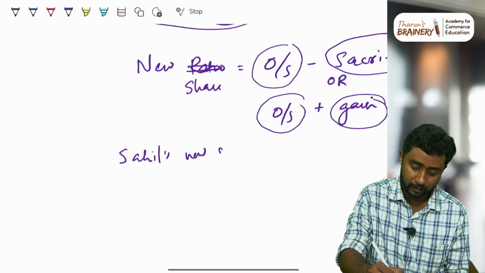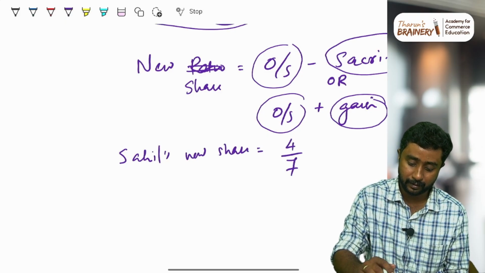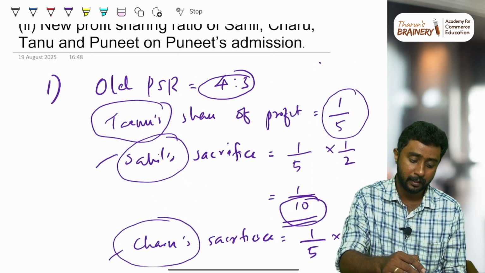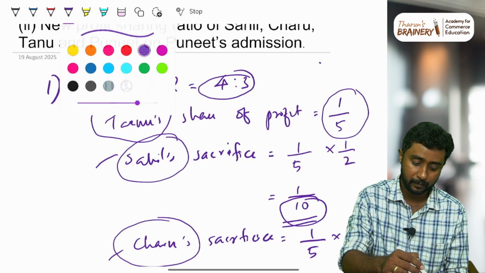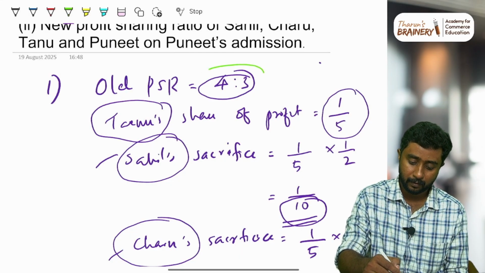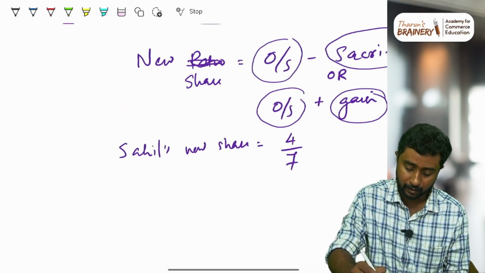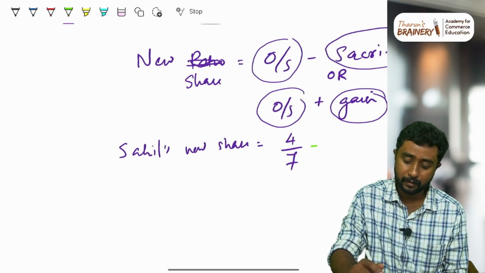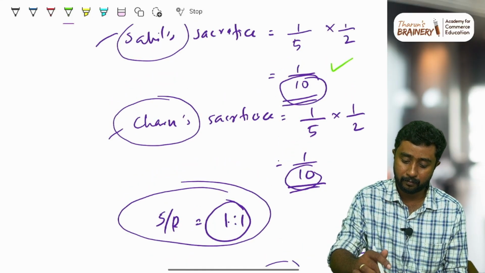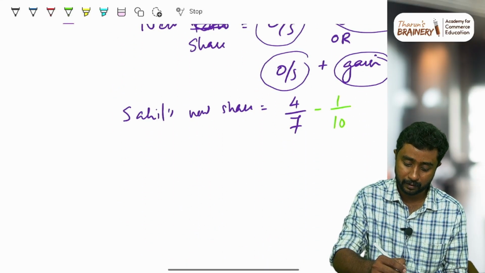So Sahil's new share equals the old share, 4 by 7, minus Sahil's sacrifice, which we already found to be 1 by 10. So we are removing 1 by 10.